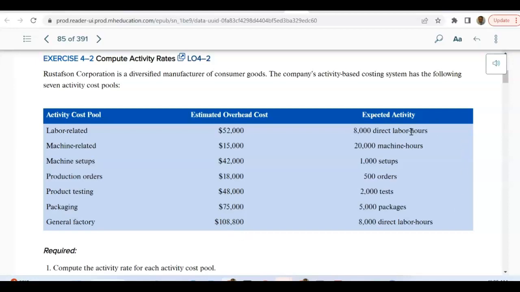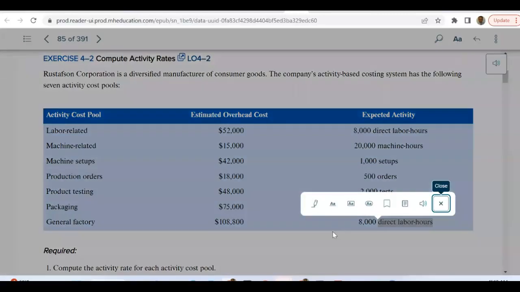The expected activity for the next period is given, again based on the cost driver. Let's say labor is based on direct labor hours of 8,000. Machine related is based on estimated machine hours of 20,000, and so on and so forth. So setup, orders, tests, packaging, and general factory is based on direct labor hours again, because it probably makes sense to do that.